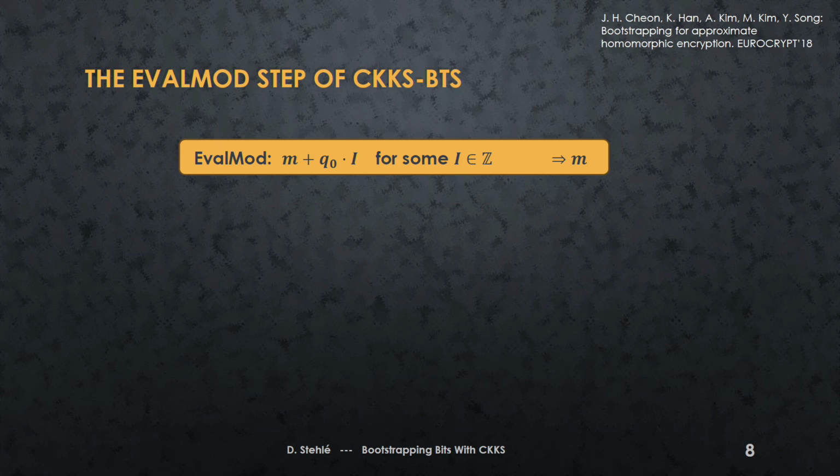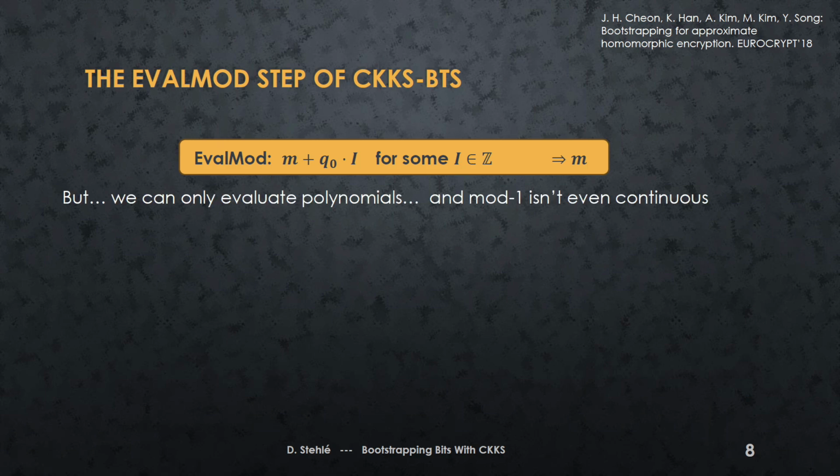And this m plus q0·I should be mapped to m. Okay. So it's a mod 1 function, if you want. If m is a real, you are removing a multiple of q0, so it's a mod q0 function. But one difficulty is that we can only evaluate polynomials. So we can do addition and multiplications, but mod 1 or mod q0 is not even a continuous function.